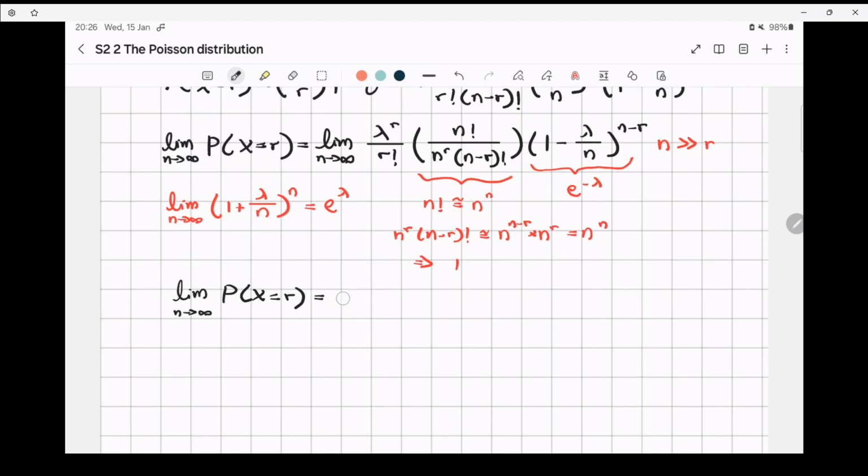before this, lambda to the power of r divided by r factorial, there's no n involved, so you can factor this out. So what you are caring about is the term at the back.